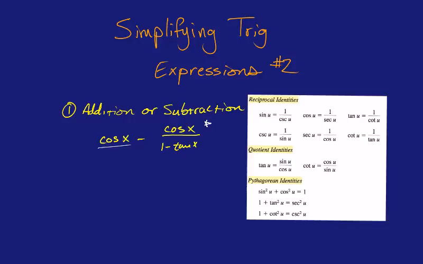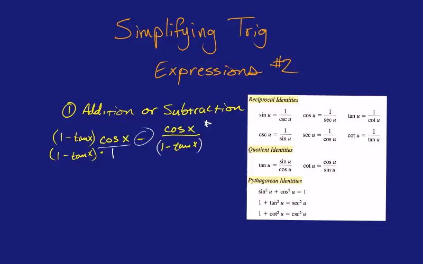So if we think to ourselves, how do we subtract fractions? What we do is we get common denominators. So we're going to need to take this first cosine, put it over 1, and multiply by 1 minus tangent of x on top and bottom. So 1 minus tangent of x here, and 1 minus tangent of x.